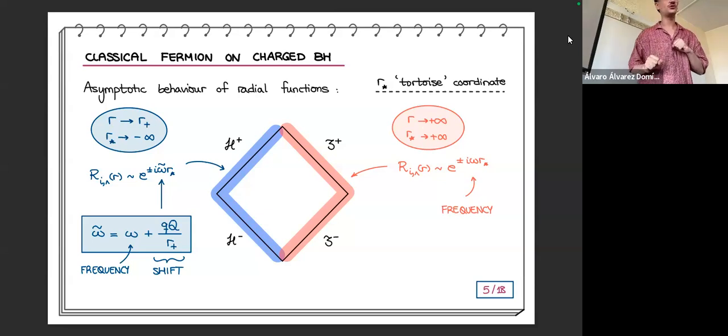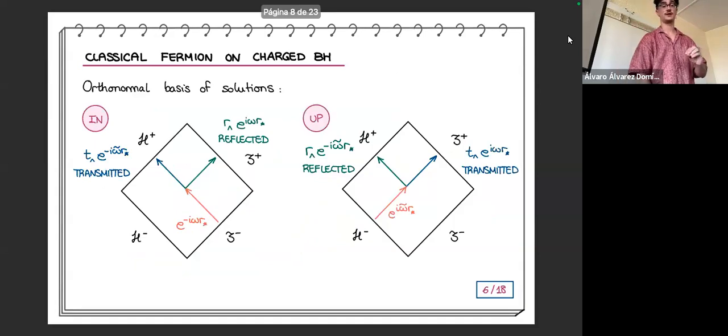Okay, so this is the behavior for the radial functions. Now, what we need, and it's going to be useful also for the quantum theory, is let's construct an orthonormal basis of solutions. And for that, let's pick different solutions for the radial equations, because the other ones are easy.